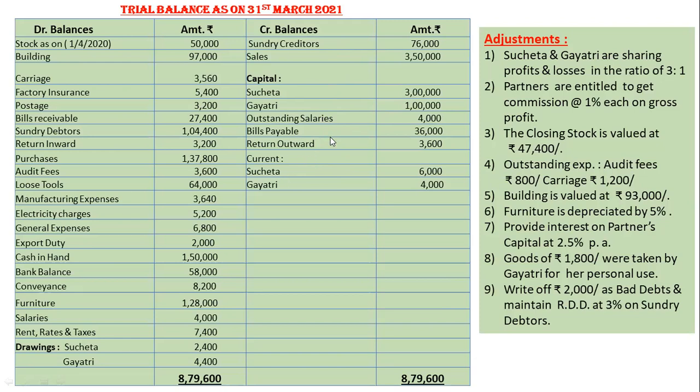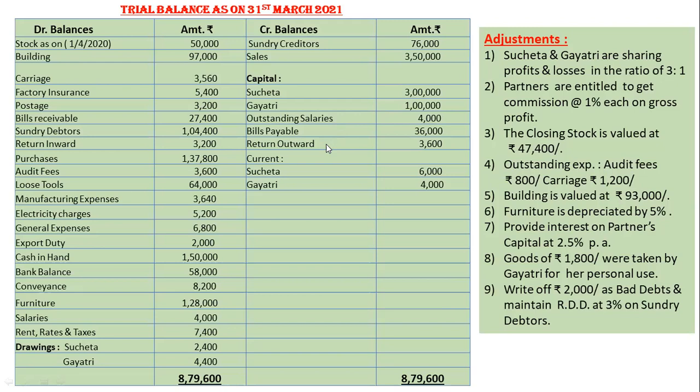Outstanding salaries: we know that trial balance items have only one effect, so outstanding salary is to be shown on the balance sheet, liability side. Bills payable, balance sheet, liability side.